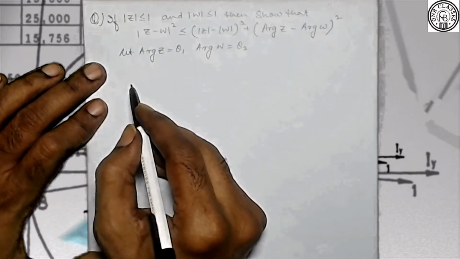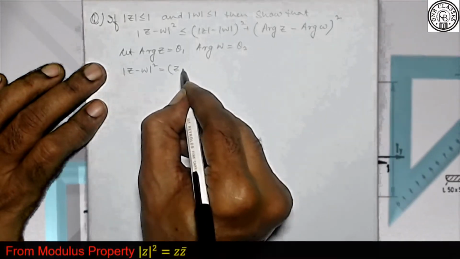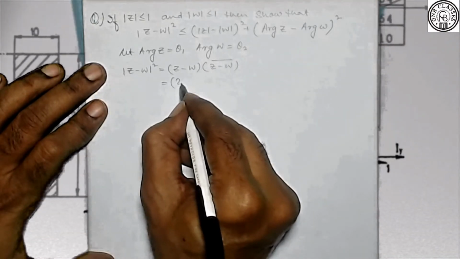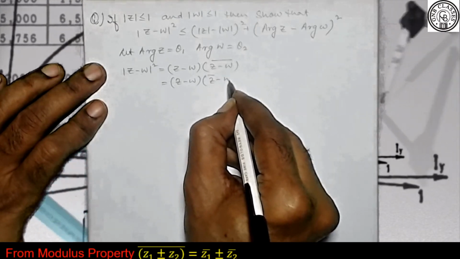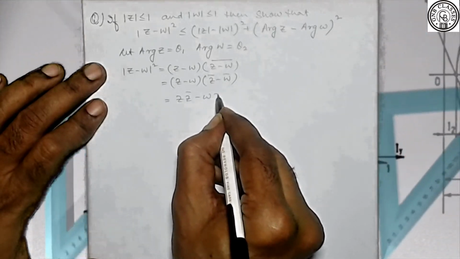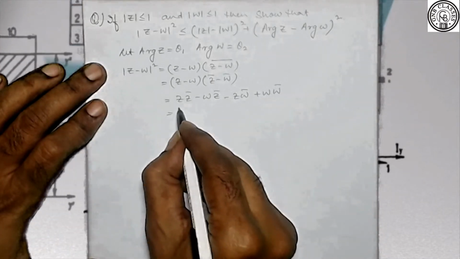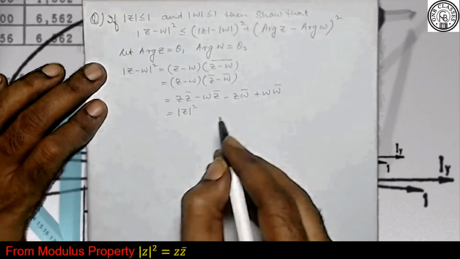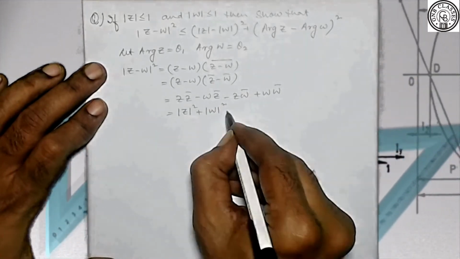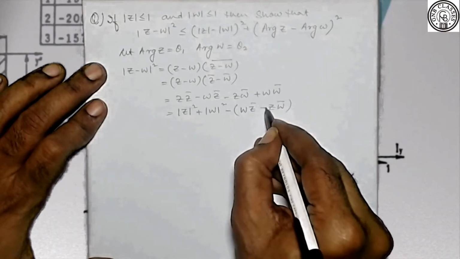Okay. Now mod of (z minus w) whole square can be written as, which can also be written as, so if we multiply, what we are going to have? z z bar can be written as mod z square, w w bar can be written as mod w square, minus w z bar minus z w bar, plus.